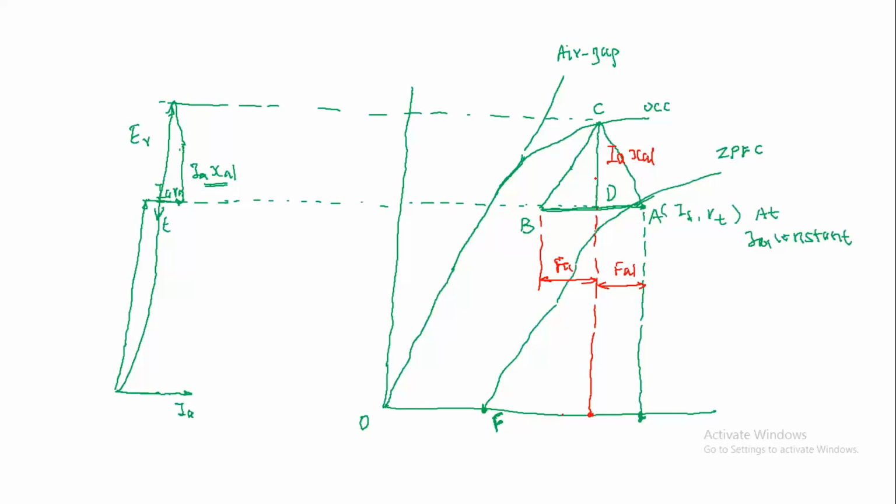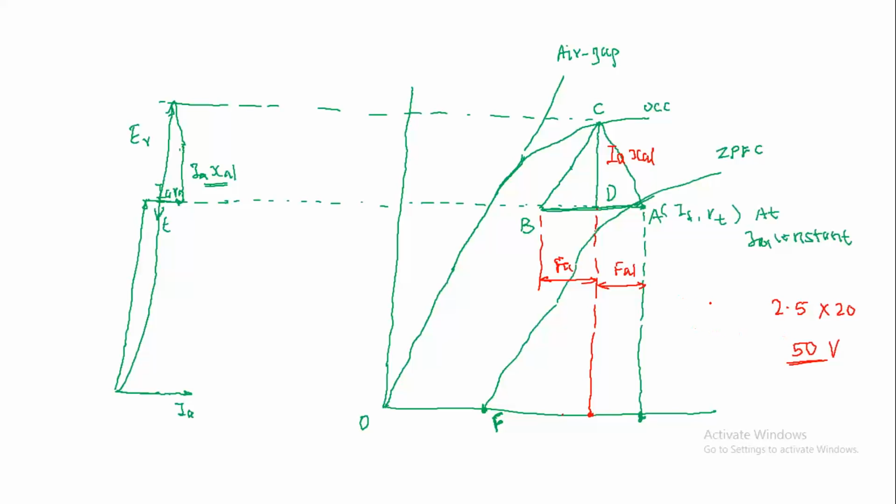Suppose CD you got is 2.5 centimeter, and the scale selected is 1 centimeter equal to 20 volt. So multiplied by 20, 2.5 into 20 is 50. CD in terms of volt is 50.